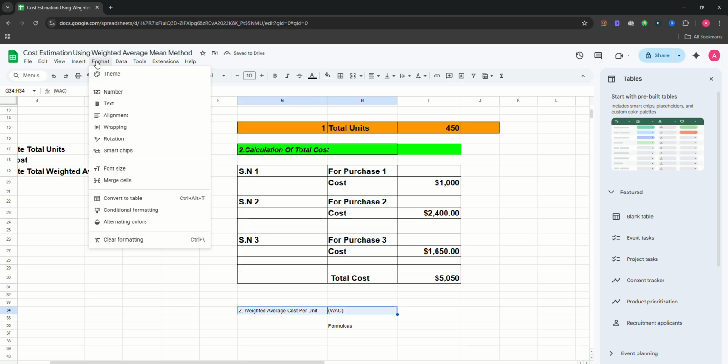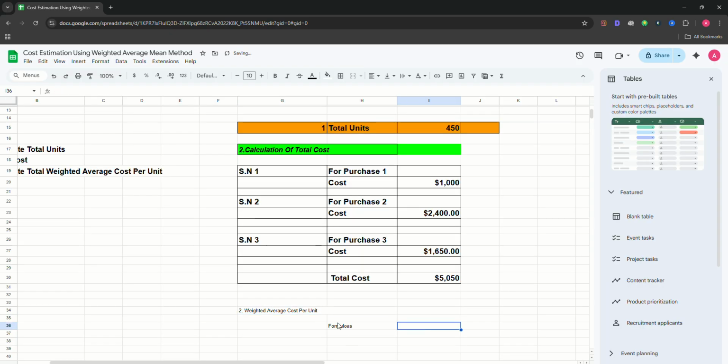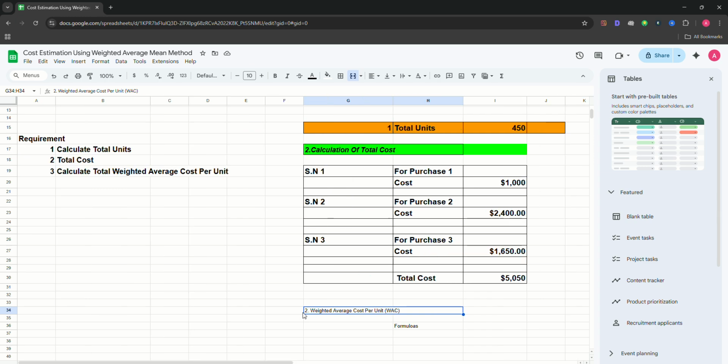I'm going to merge these two cells. Okay, so this is number 3. The formula for calculating is total cost divided by total units.